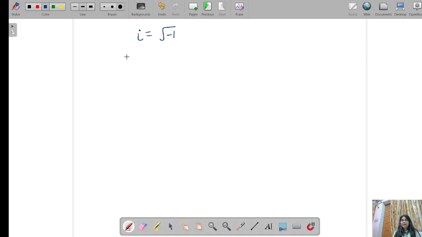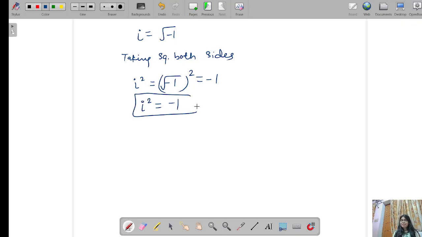If I am taking square on both sides, I come across the value of iota square as well. The value of iota square is -1.